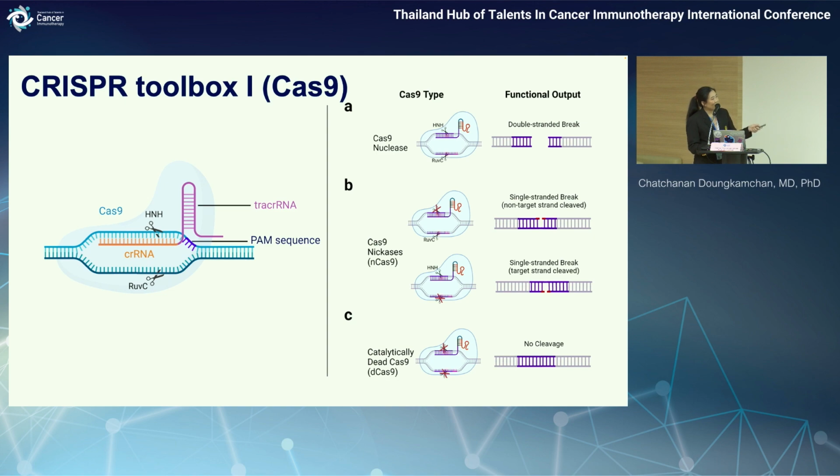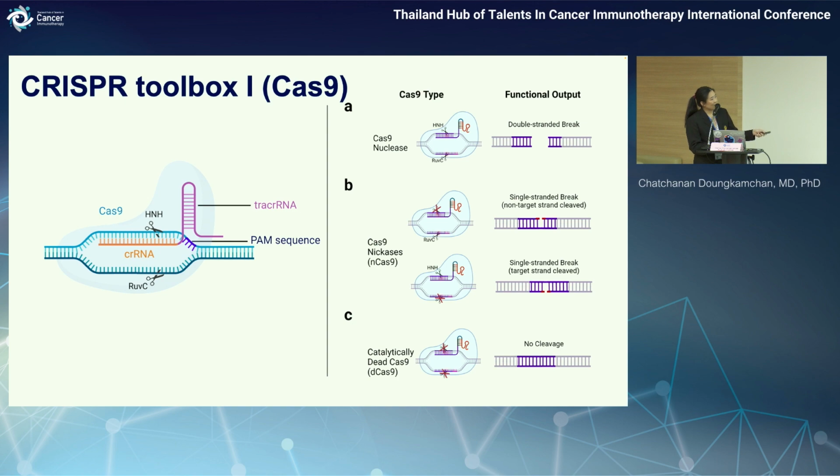For the Cas9, there are quite a few variations. The first one is the regular, conventional Cas9 that causes the double-stranded break. If you look at the structure over here, you can see that there are actually two endonuclease sites. The first one is HNH, and the other one is RuvC.